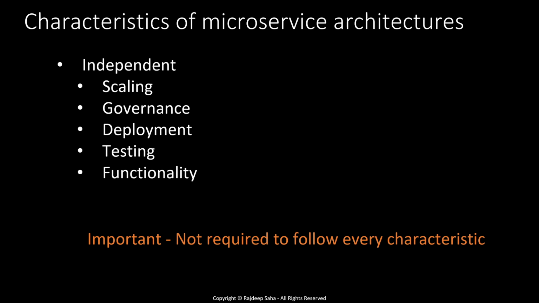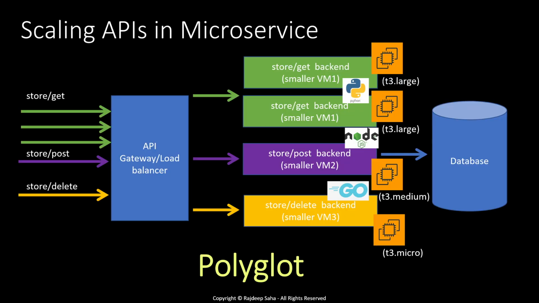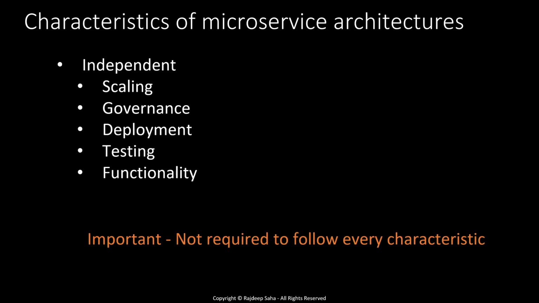This makes your DevOps much faster and simpler because it is no longer an all or nothing approach. You can just deploy the store/post backend without deploying store/delete or store/get.